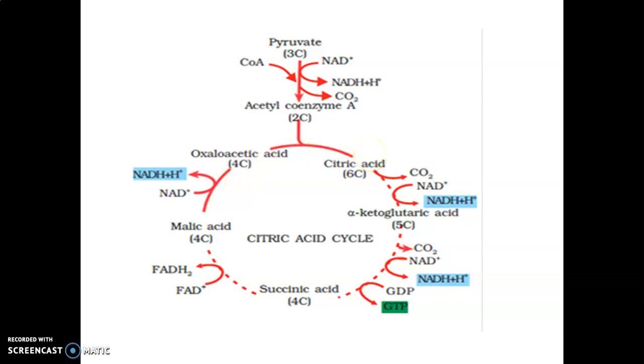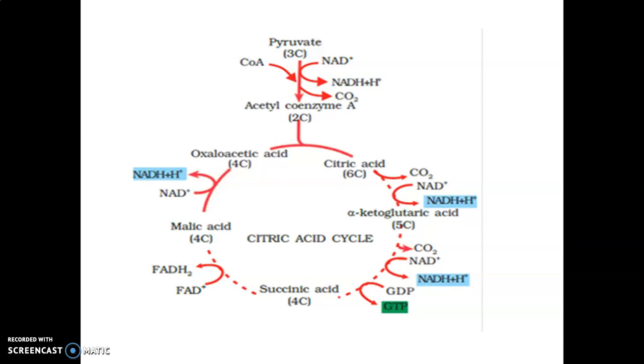Here these steps are oxidized, and the first product is oxaloacetic acid. That's why the name oxaloacetic acid cycle.